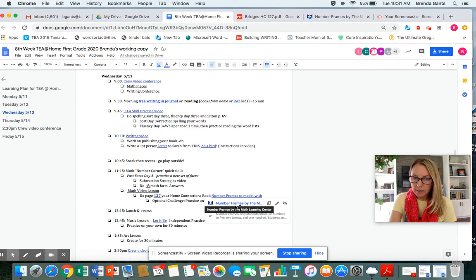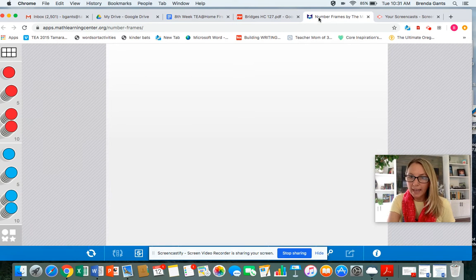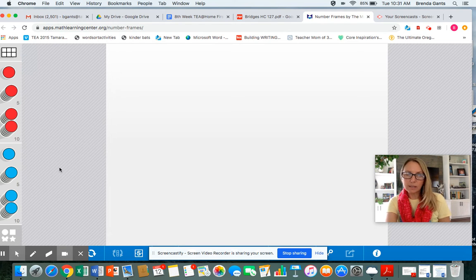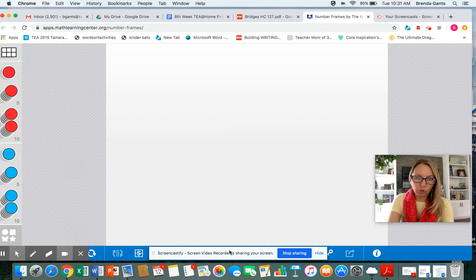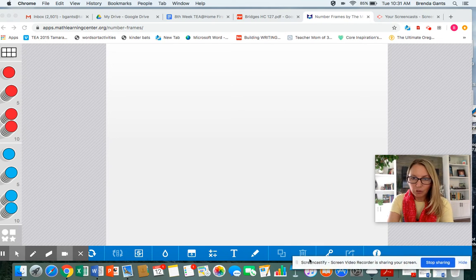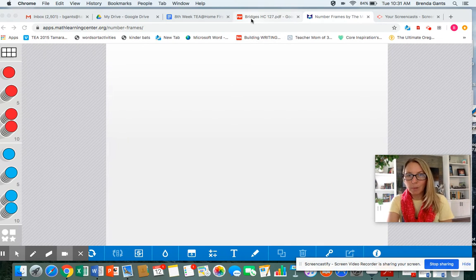And I opened up these number frames that some of you opened up yesterday. And it looks like this. So we're going to use this to build the story to help us write an equation that matches up with the story.